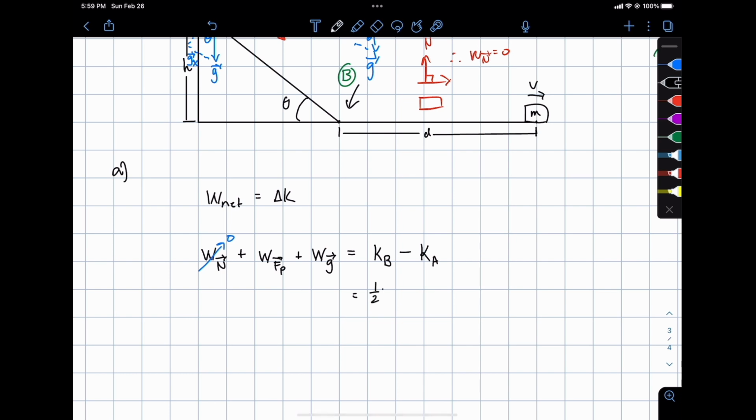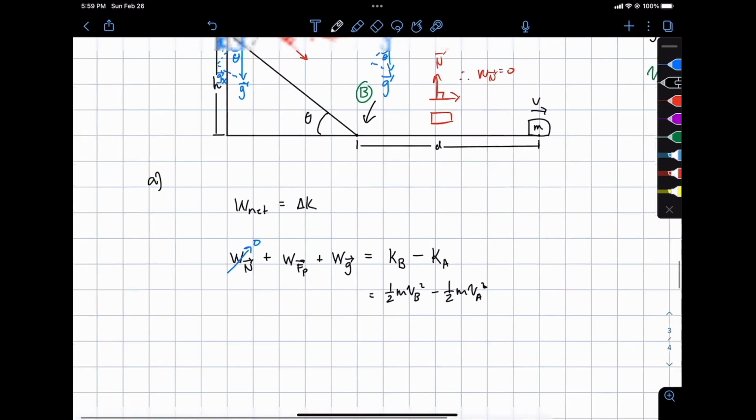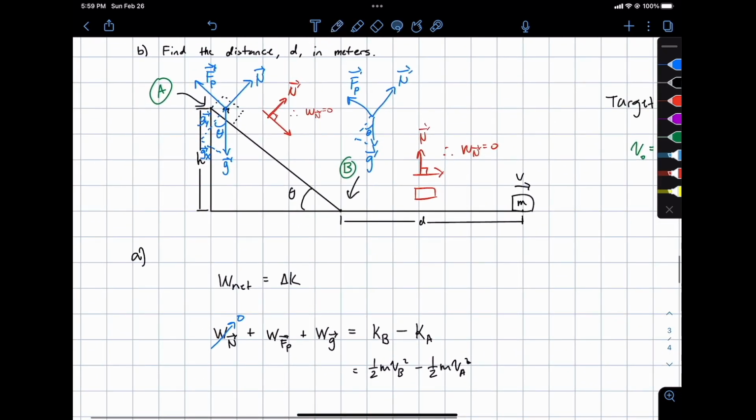KB is 1/2 m vb squared minus 1/2 m va squared. vb squared is when we are at the bottom point down here, right? This is our velocity at point B. That is for KB. KA is for the top point, right? The VA is for the top point.